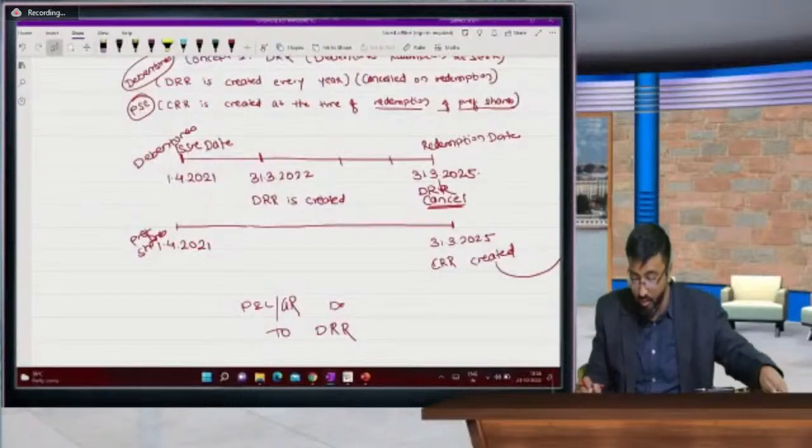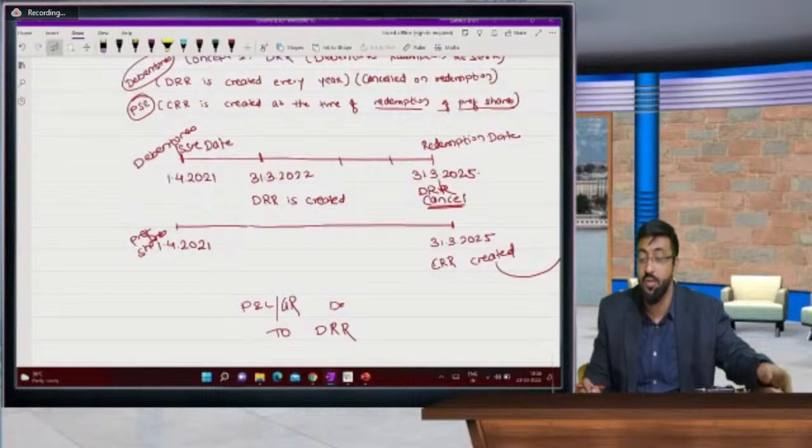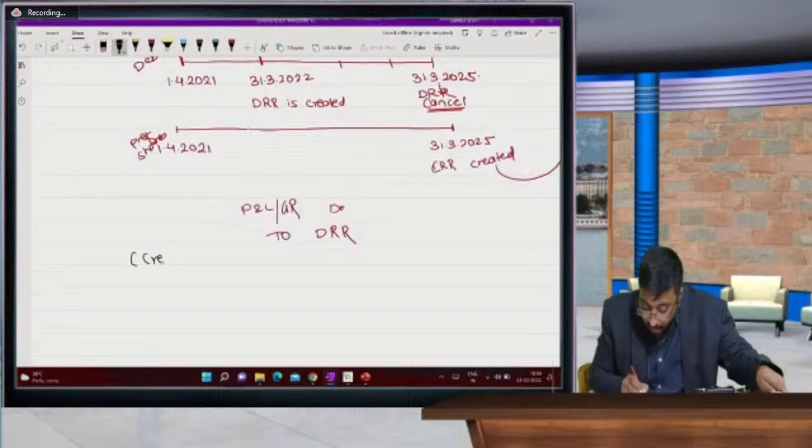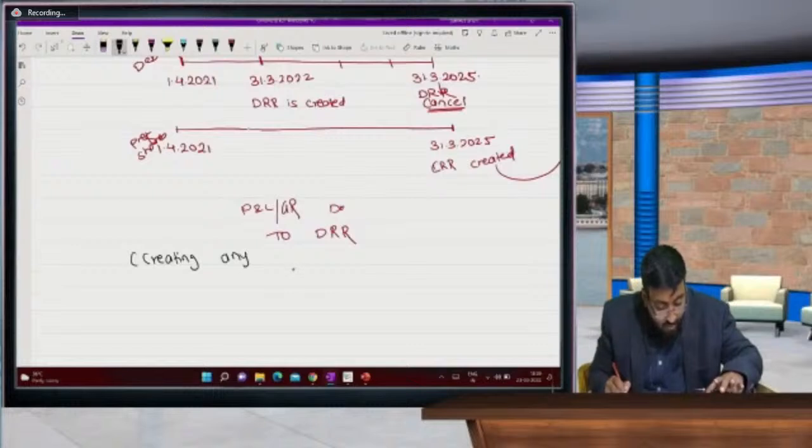So now everyone understood the basic difference between the two. Now I am going to tell you, the entry will be the same. Now I am telling you the logic behind DRR, to whom it is applicable. Simple logic: whenever you are creating any specific reserve, what is the basic logic?